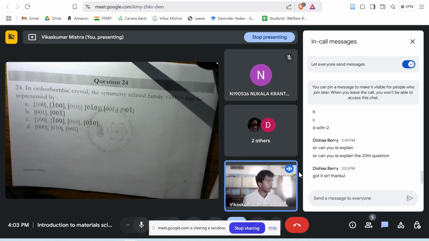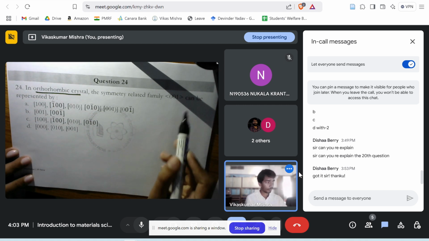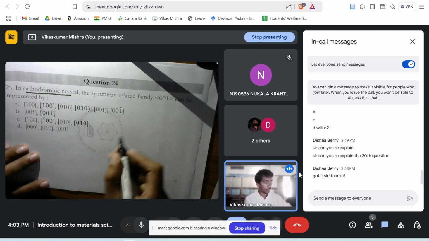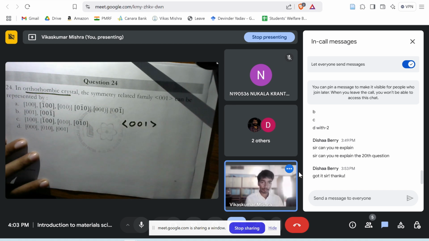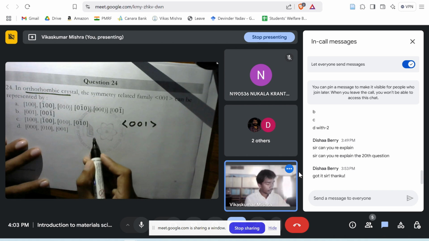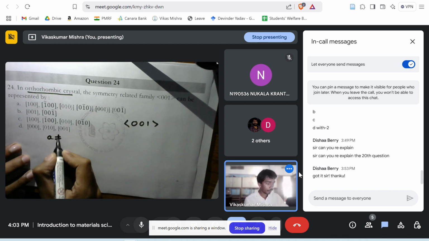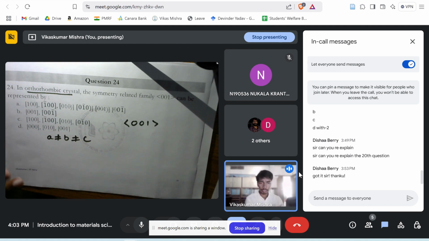So now, what I was telling you guys about the orthorhombic crystal. The symmetry related family 001 can be represented by what? So in the orthorhombic system, we have to represent 001, this particular family. Let's draw it. We know that in orthorhombic, A is not equal to B, which is not equal to C. So all of them are not equivalent with each other.